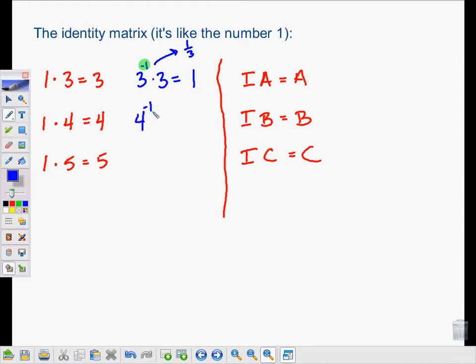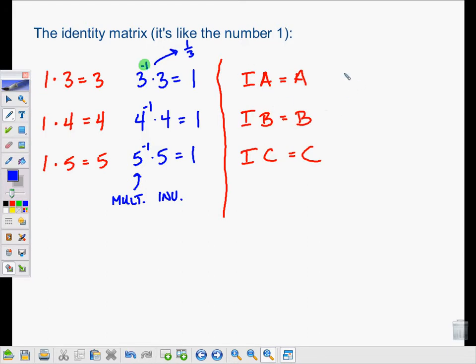Similarly, 4 to the negative 1 times 4 is just going to give me 1, because this is 1/4 times 4. The multiplicative inverse of 4 times 4. And again, the multiplicative inverse of 5 times 5 gives me 1. So these are all multiplicative inverses. The same thing happens with matrices. I can get the identity matrix.